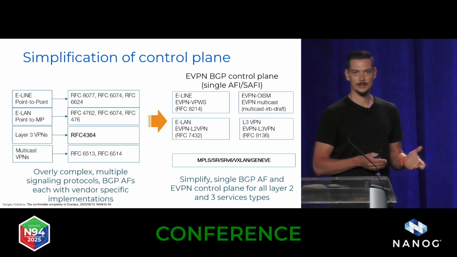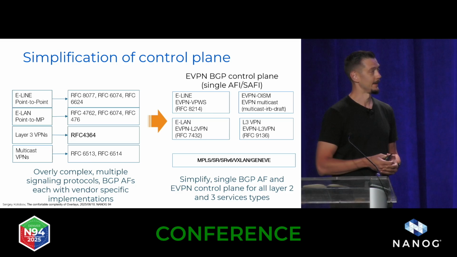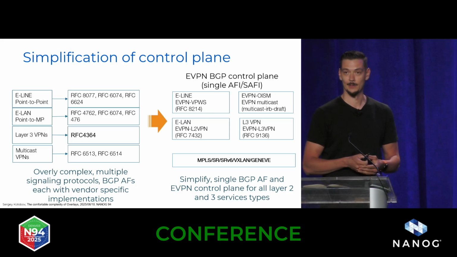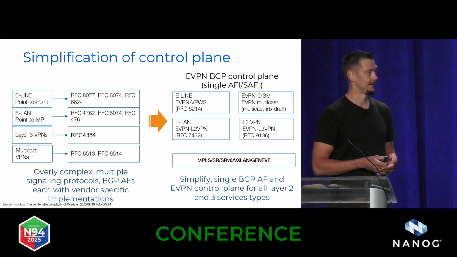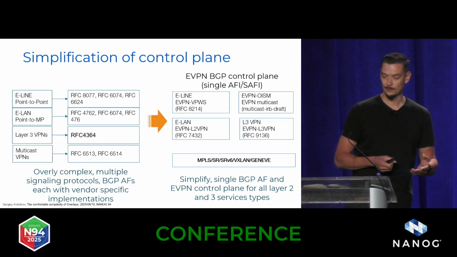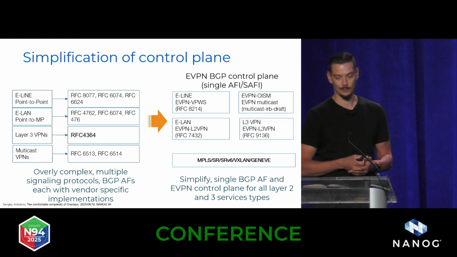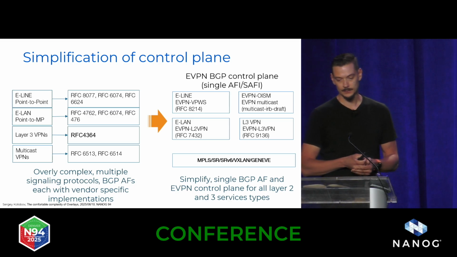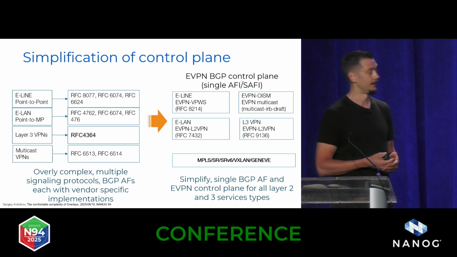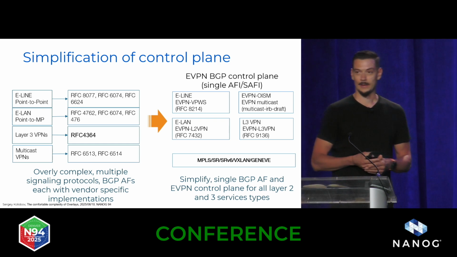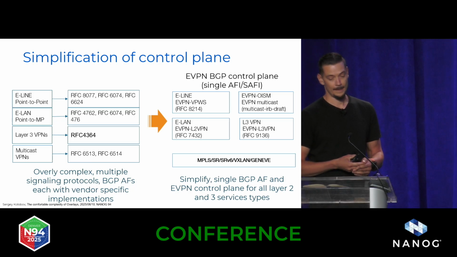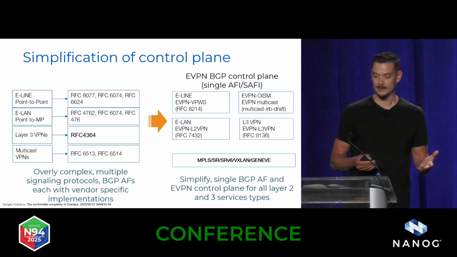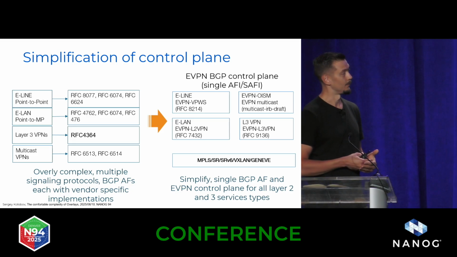Some were vendor-specific, some were running concurrently in IETF, addressing the same use cases, providing IP and Ethernet services, but still not solving all of the problems, and keeping the complexity in place. The multitude of control plane signaling models didn't make our life as network engineers easy, and there was a requirement to provide some unification and overhaul of those solutions.